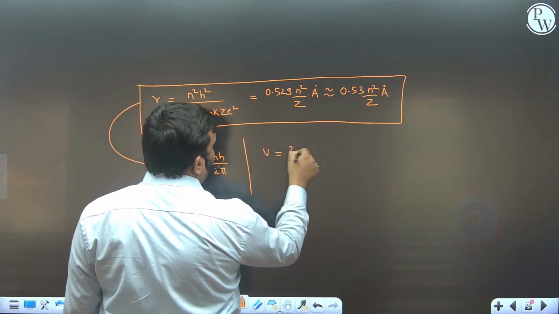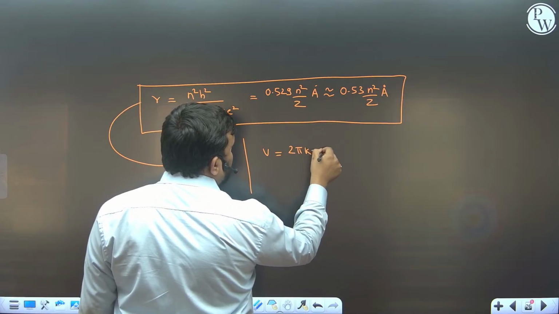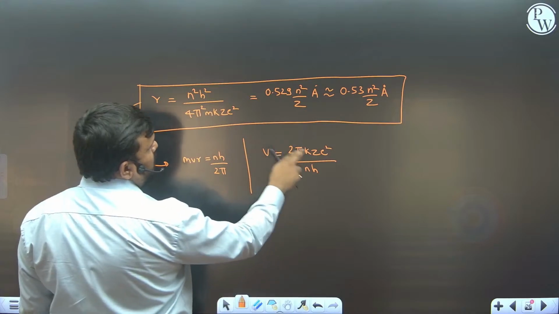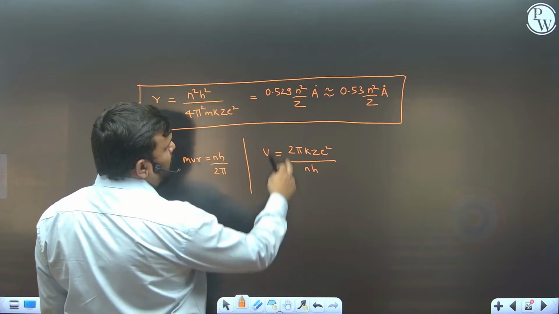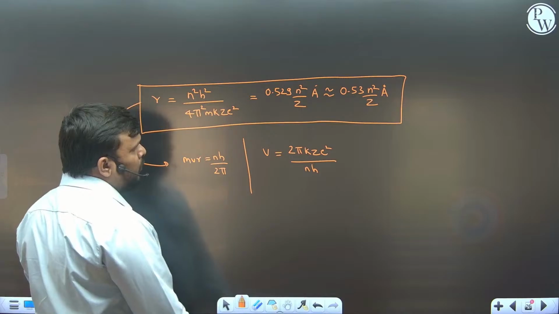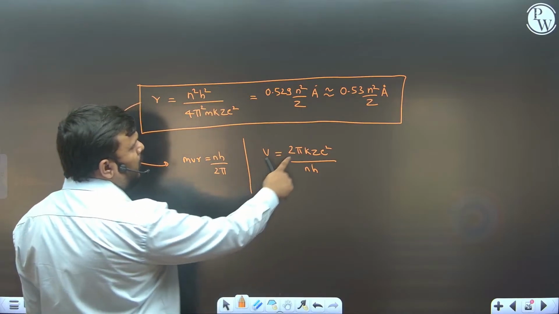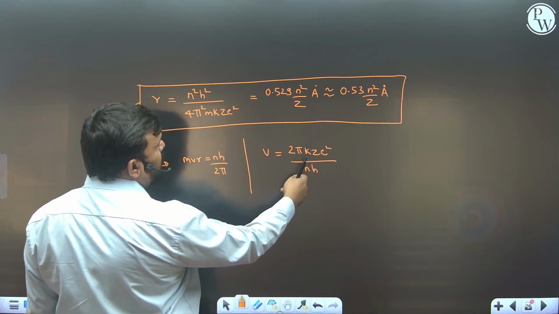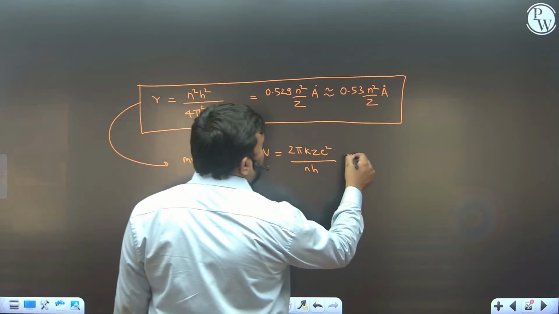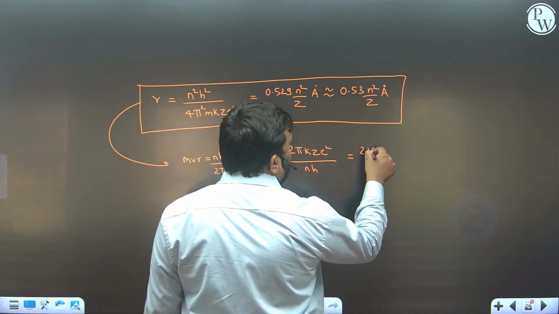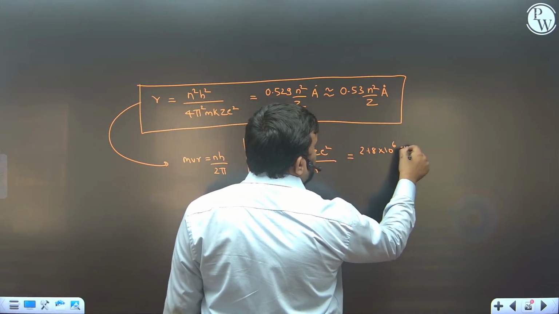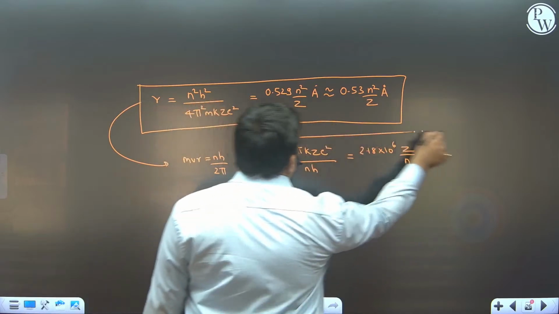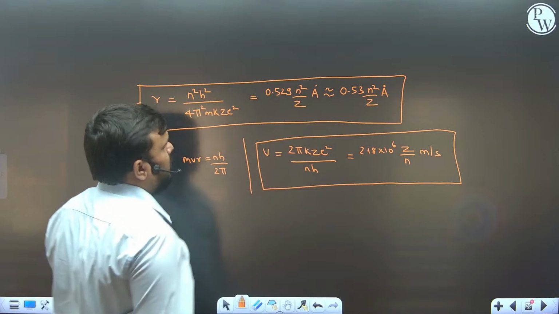Velocity equation 2πkZe² upon nh. Now we can put the values of the 2π k. Pi is 3.14, k is 1 by 4π epsilon, 9 into 10 to the power 9, and e value 1.60 into 10 to the power minus 19. Z is a variable, n is a variable. We will get the velocity equation 2.18 into 10 to the power 6 Z by n meter per second. This is the velocity of electron in nth orbit.